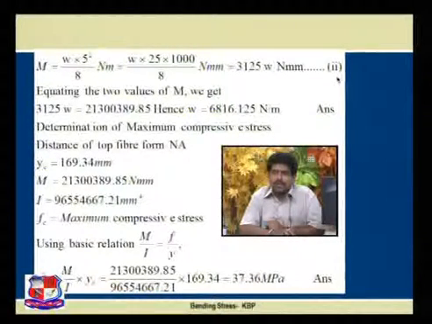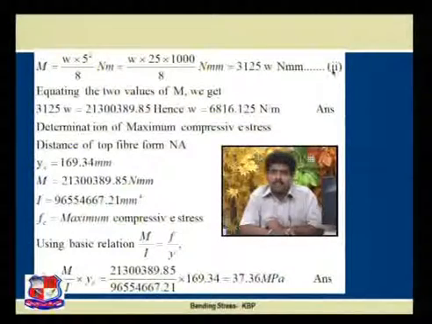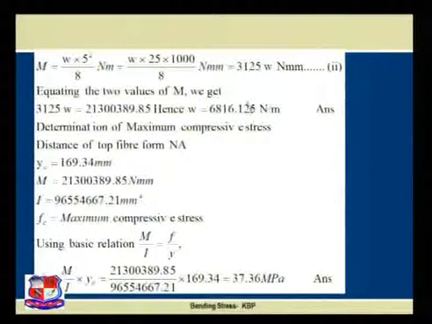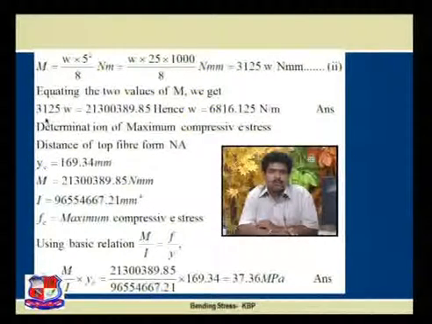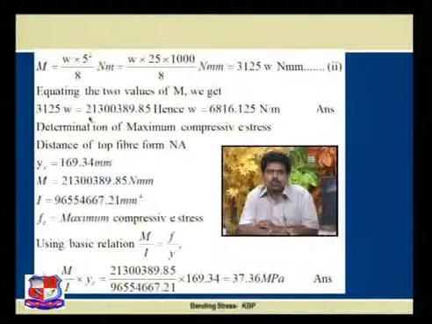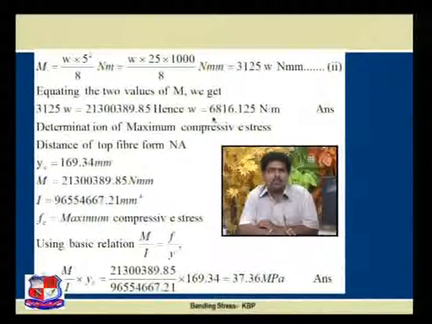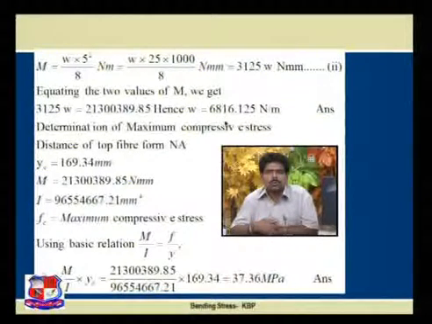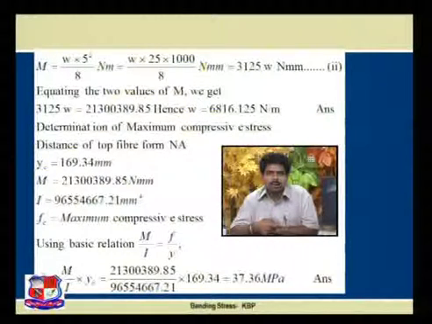Now if we equate equation 1 and equation 2, 3125 W is equal to 2130038.85, we get W is equal to 6816.125 Newton per meter. This is the answer of W.